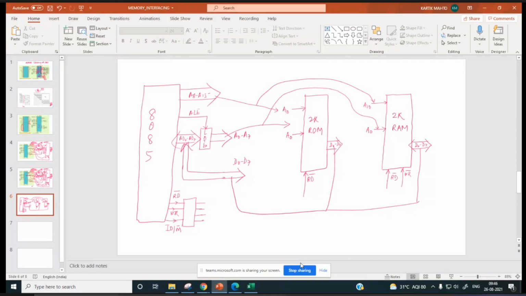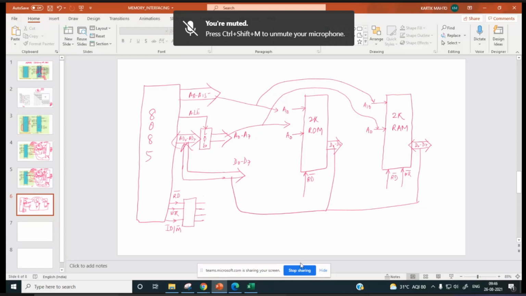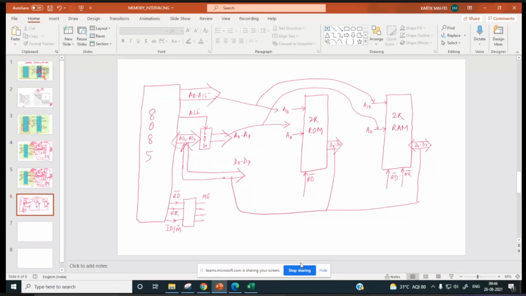One will be MEMR, which stands for memory read. If this read bar is low and IOM bar pin is low, then it is memory read.